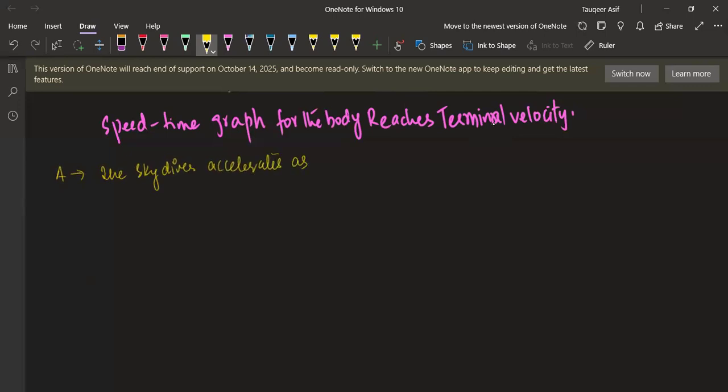accelerates as they begin to fall. So remember when the skydiver starts to fall, it's going to accelerate, right? And the speed time graph, I'm going to complete the graph here, one by one.